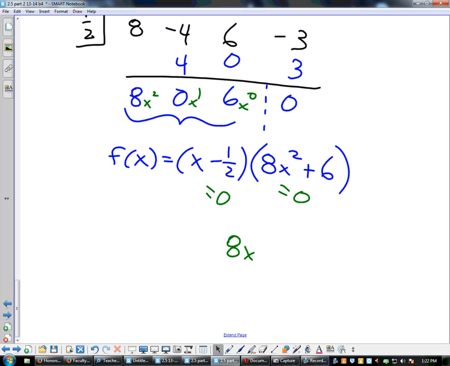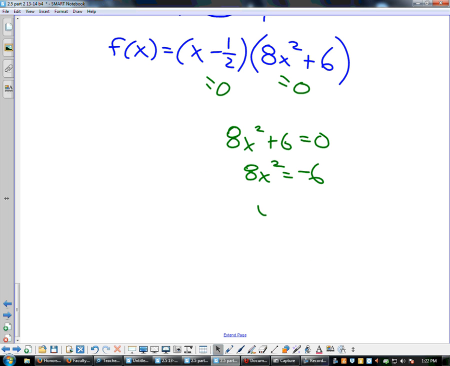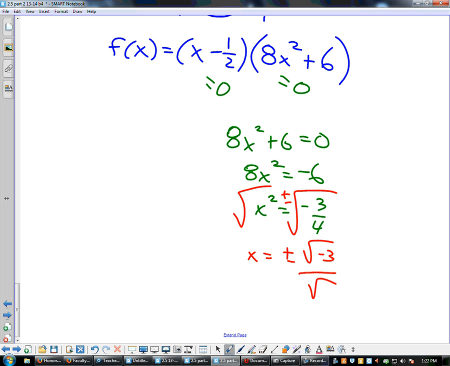We get 8x squared plus 6 equals 0. 8x squared equaling -6. So x squared equaling -6/8 or -3/4. And then we take the square root of both sides. Don't forget that plus or minus. And we get x equaling plus or minus square root of -3 over square root of 4.